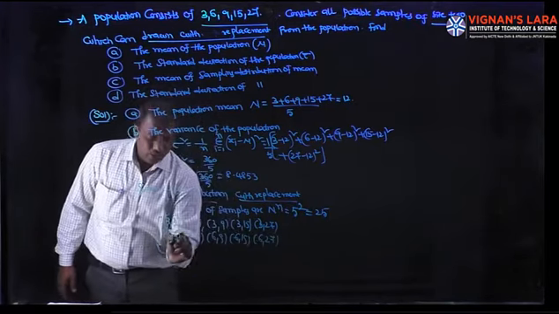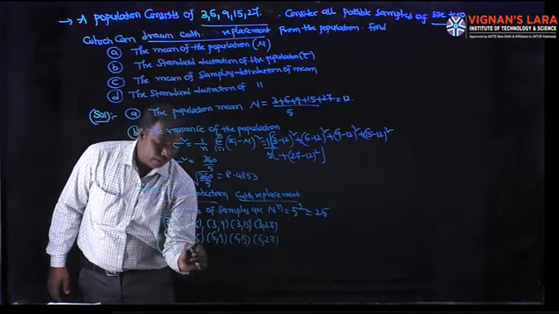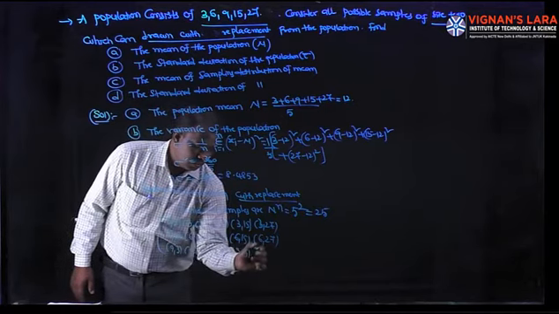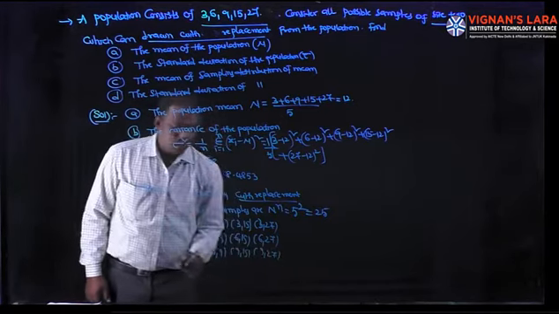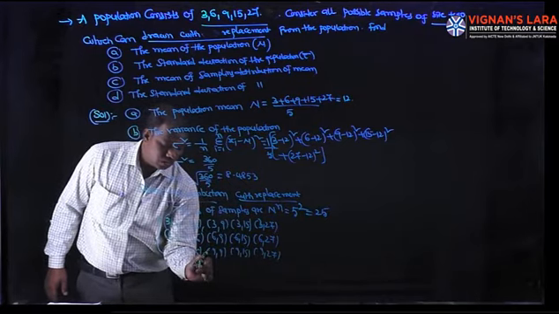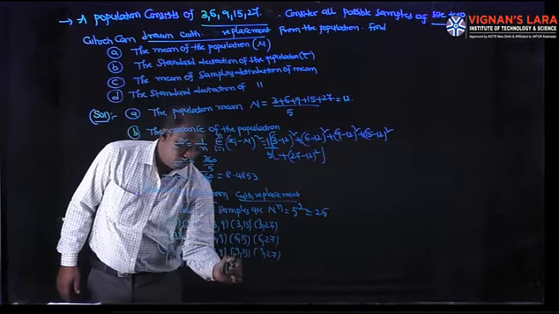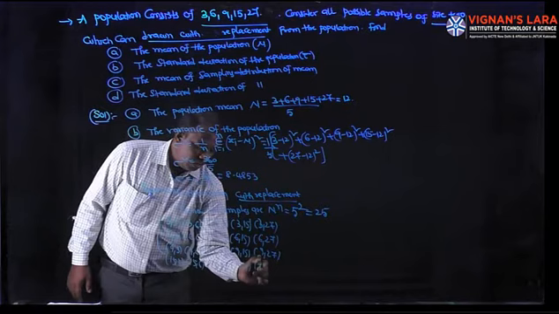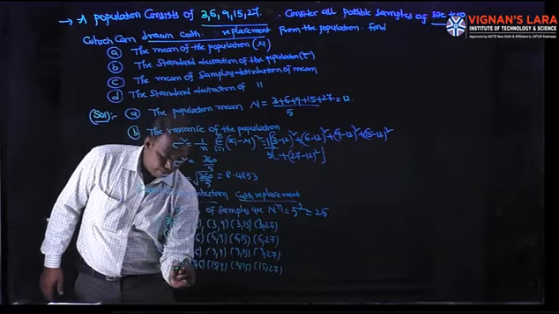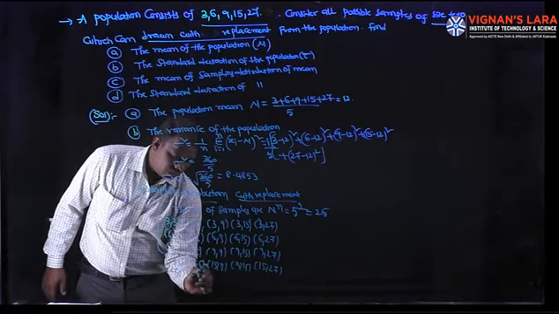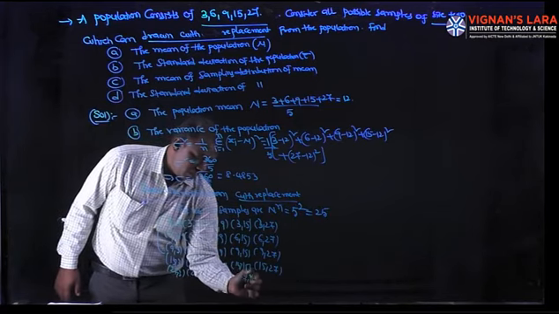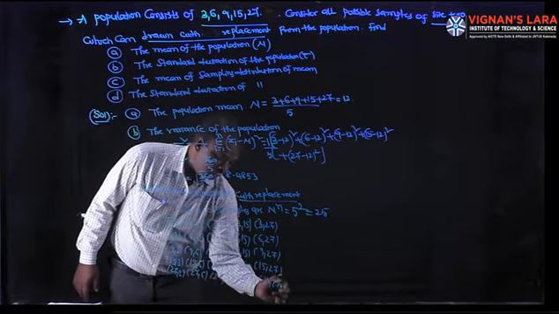Similarly 9 3, 9 6, 9 9, 9 15, 9 27. That is the with replacement. Next 15 3, 15 6, 15 9, 15 15 and 15 27. Lastly 27 3, 27 6, 27 9, 27 15, 27 27. This is the sampling distribution.